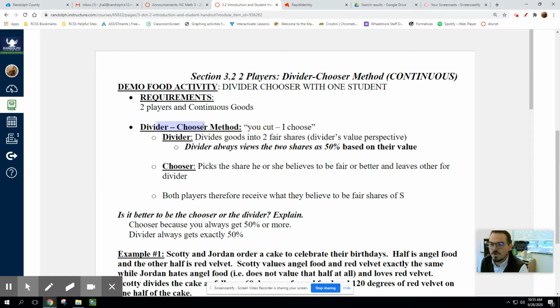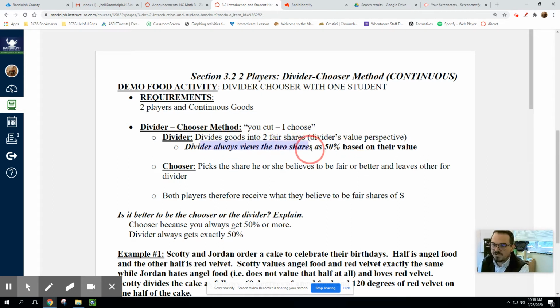The divider-chooser method: divide, choose. You cut, I choose. The divider divides goods into 2 fair shares. From the divider's value perspective, whoever is dividing out of the 2 people cuts it into 2 fair shares based on what they find to be fair.